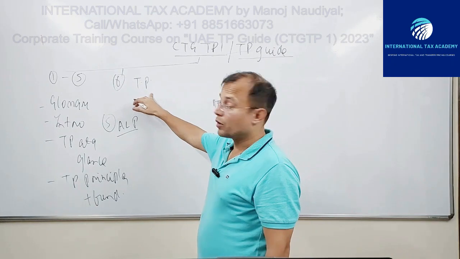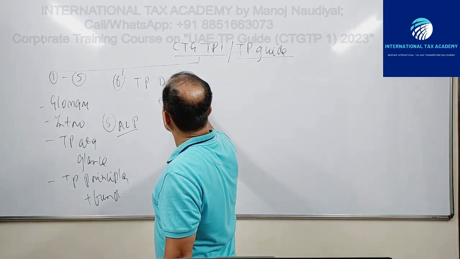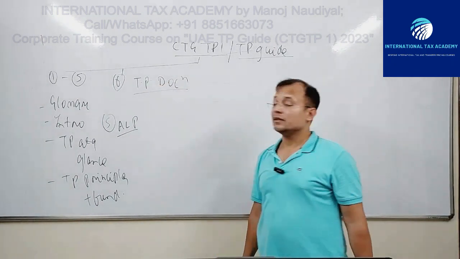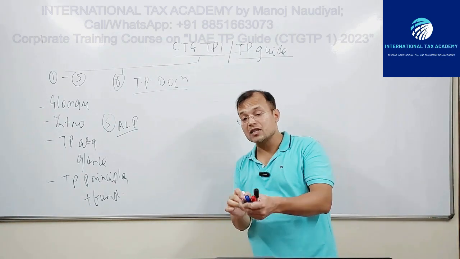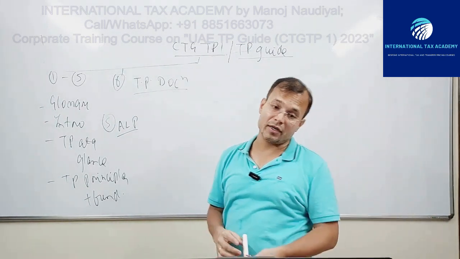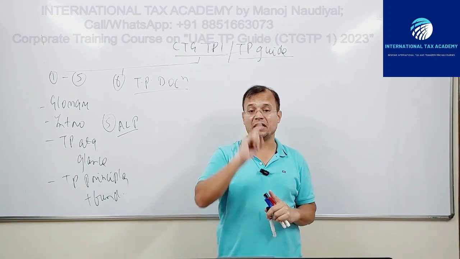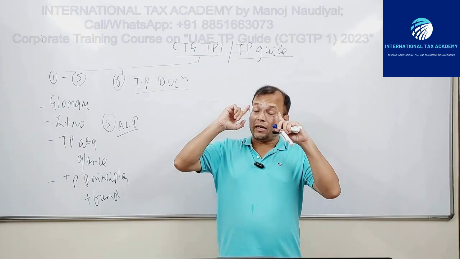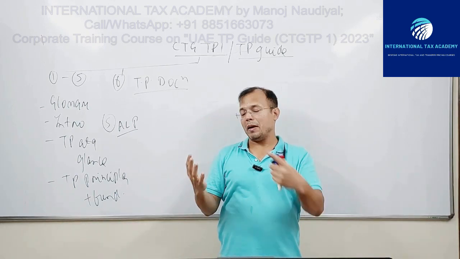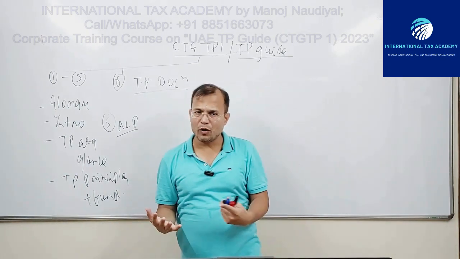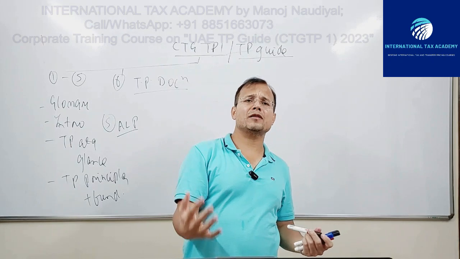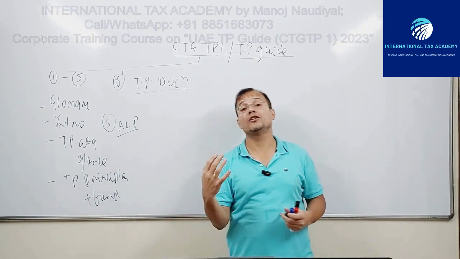Section 6 is TP documentation. The sixth section of this TP guide deals with TP documentation, and it starts with the objectives of TP documentation. There are 3 objectives. First of all, by creating TP documentation, taxpayers will create a culture of compliance.